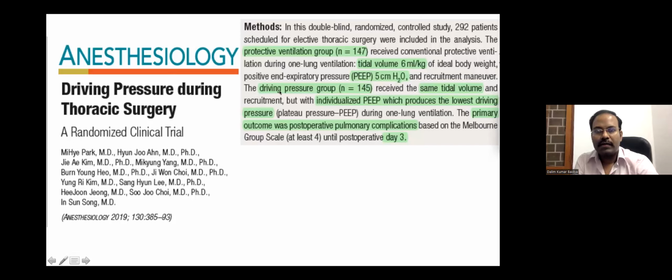The conventional group was called the protective ventilation group, because by this time protective ventilation has become the standard of care. In the driving pressure group, they used individualized PEEP titrated to the lowest driving pressure. The tidal volume was the same, 6 ml per kg, in both the groups. The primary outcome was incidence of POPC by day 3.